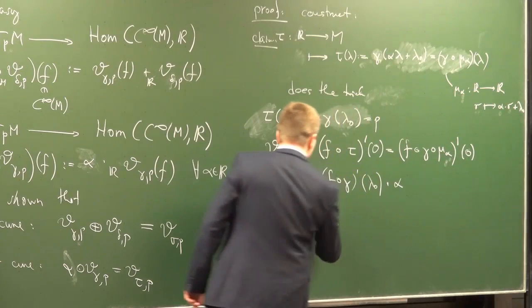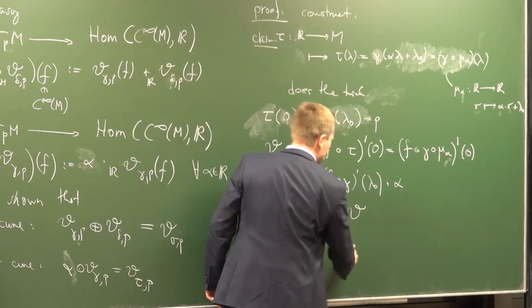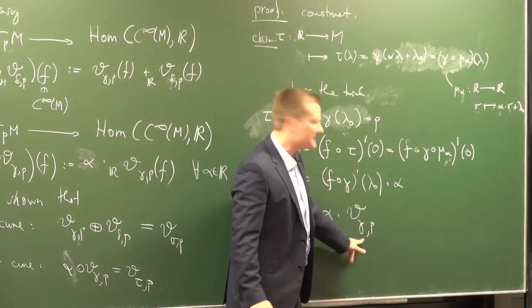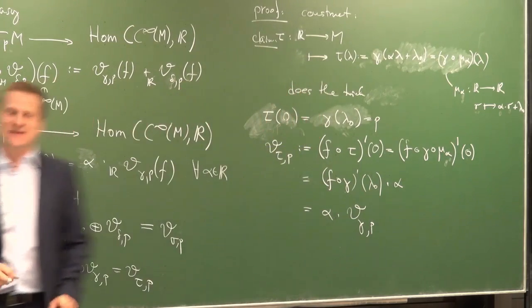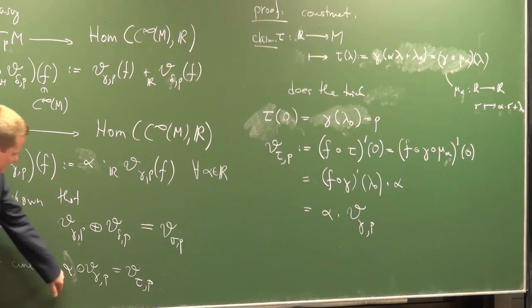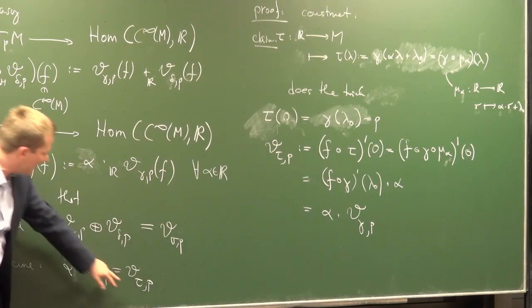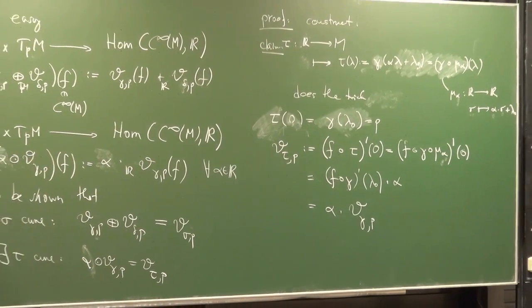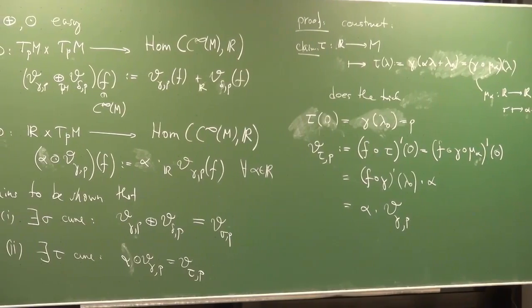That's excellent, because this is alpha times the velocity to gamma in the point P, because gamma of lambda 0 is the point P. Sorry for the intermediate confusion, but so there exists a curve. Indeed, this curve tau reproduces this here. So that was the easy part.